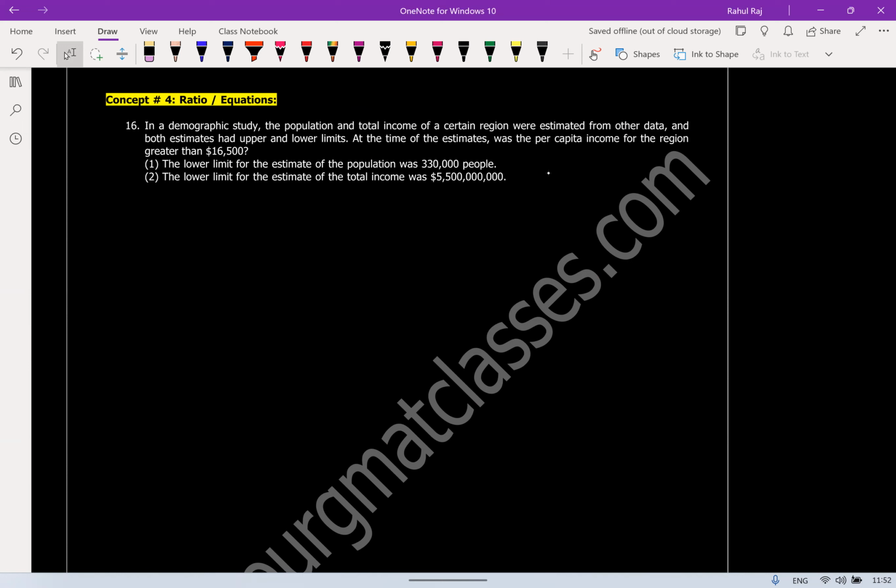Please understand, ratio and percentage, there is absolutely no difference. So don't have any sort of thought process from your end that you are doing something called ratio as a chapter. There's no chapter called ratio.